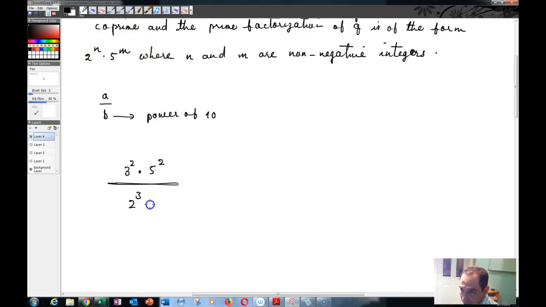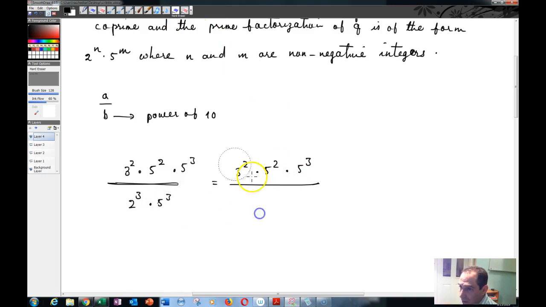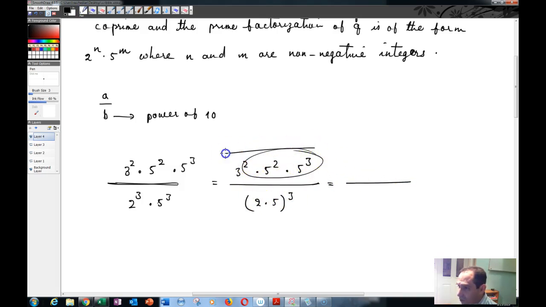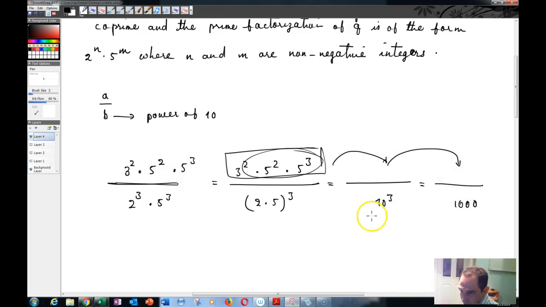You can multiply by 5 cubed in the denominator and the same thing in the numerator, and then this becomes 3 squared times 5 squared times 5 cubed, over 10 raised to the power 3, because 2 times 5 whole raised to the power 3 is 10 cubed. That is your numerator, whatever it is, divided by 10 raised to the power 3, which is equal to your numerator over 1000, and that means 3 decimal places.